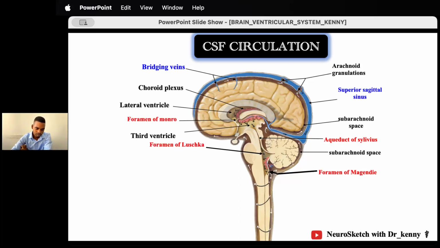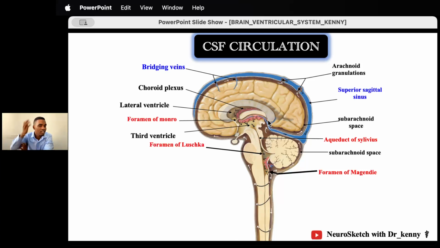From the third ventricle, the fluid will go through the aqueduct of Sylvius, or the aqueduct of the midbrain, to the fourth ventricle. From the fourth ventricle, this fluid is going to leave the ventricular system by the 3 apertures: the 2 lateral foramina, or foramina of Luschka, and the 1 median foramen, which is also called the foramen of Magendie.